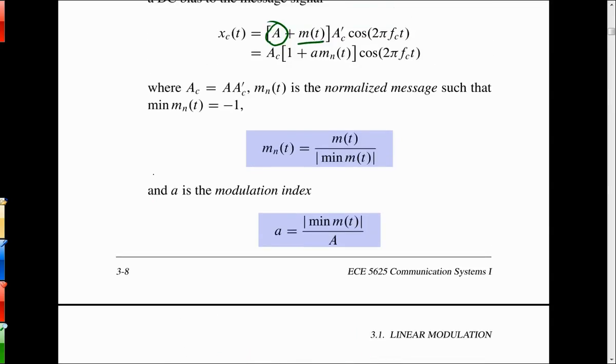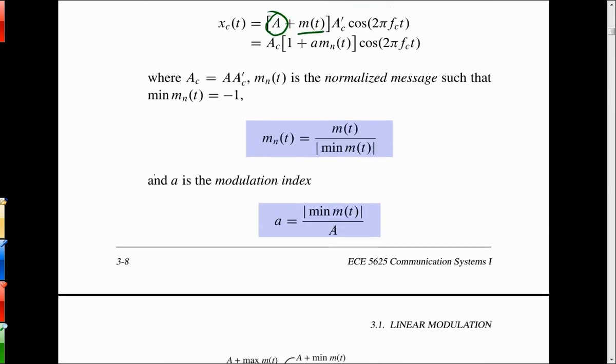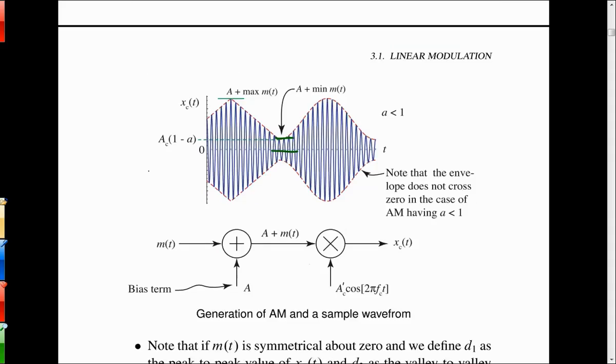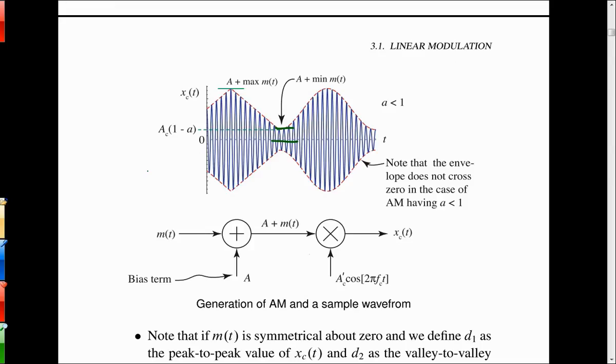Okay, so in order to make AM work, it has this modulation index A, which represents how close you are to having the positive half of the envelope and the negative half just touching. A is defined so that when A is equal to 1, it just touches.